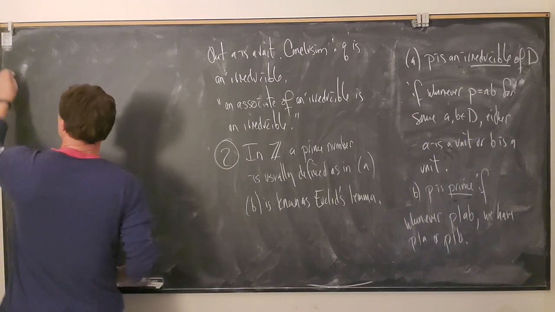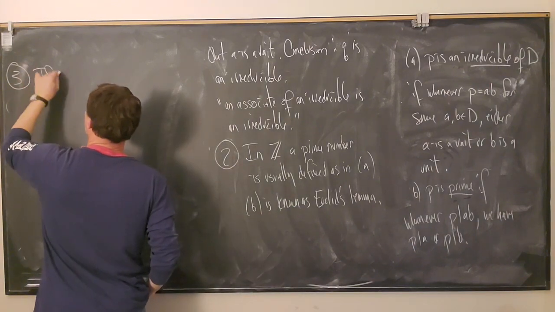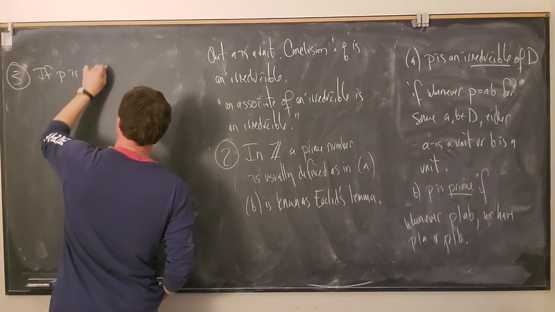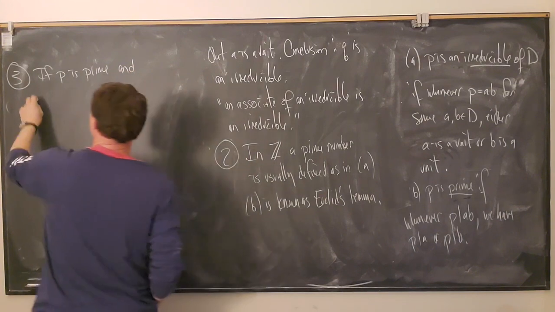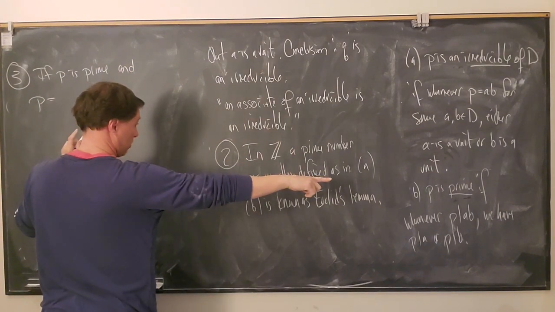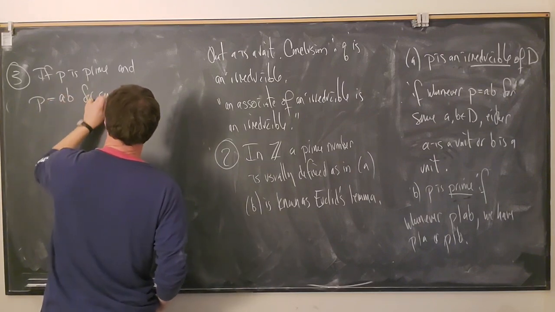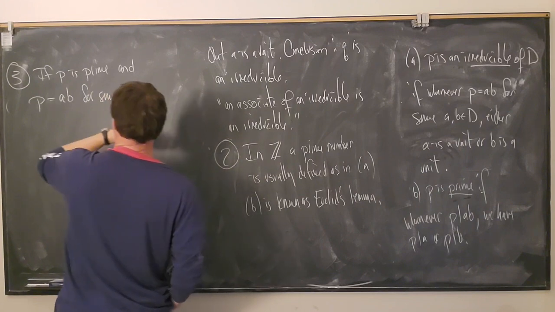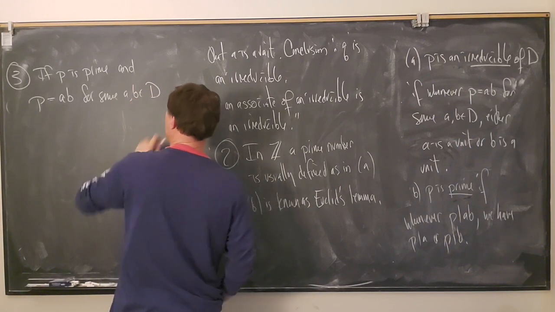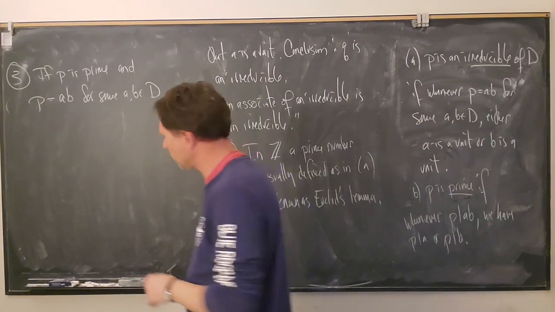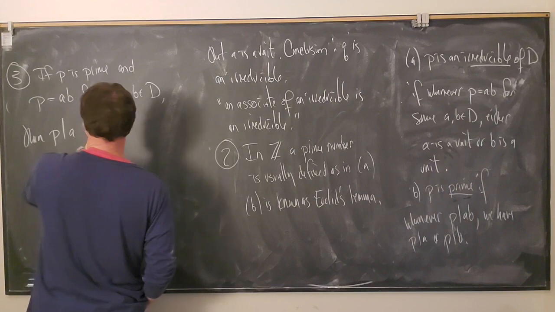And then one more observation, so 3. If P is prime, in our definition as defined over here, and P equals AB for some A and B in D, then P divides A or P divides B, right?